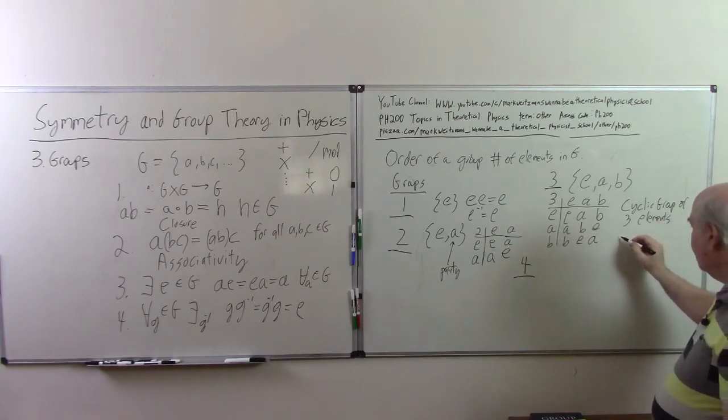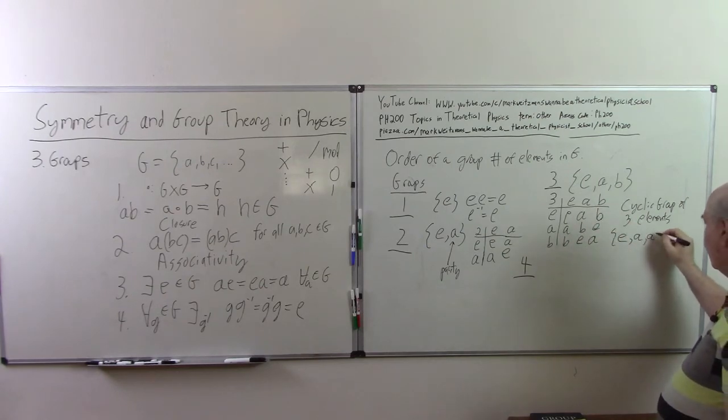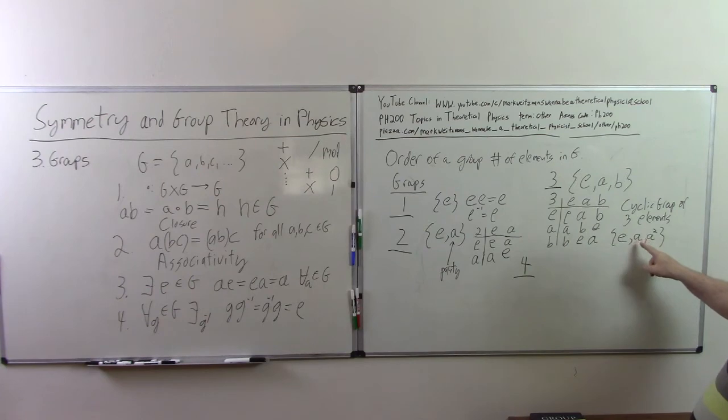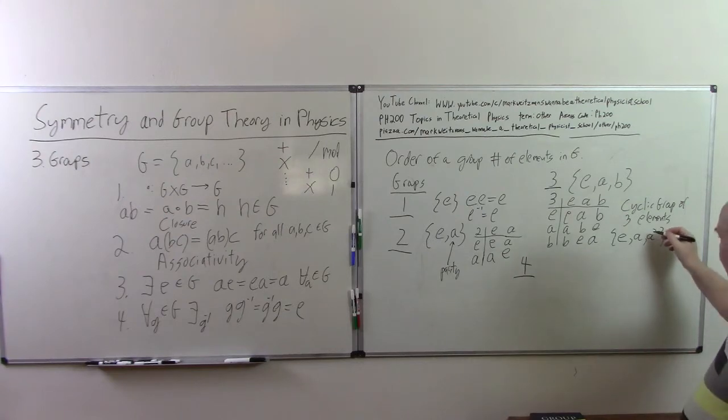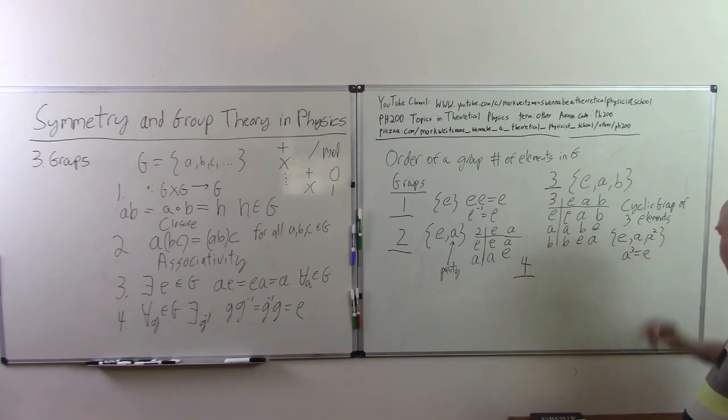And it's cyclic because we can write the elements as consisting of E, A, and notice that B is just A times A, or A squared. So we can write it as E, A, A squared. And when you multiply elements with powers, A times A squared is always going to be A squared times A. They're both A cubed. And the defining characteristic of this group is that A cubed is equal to E.